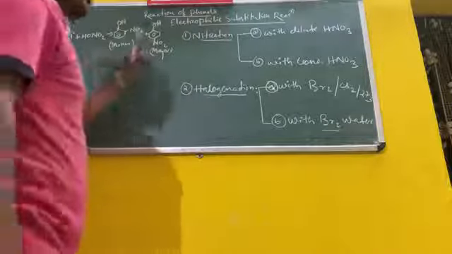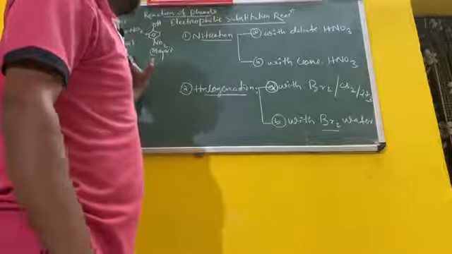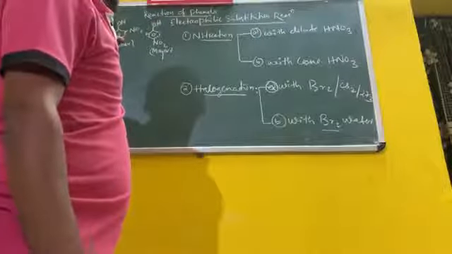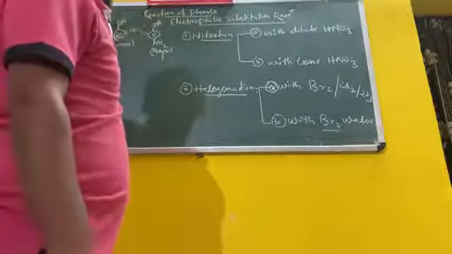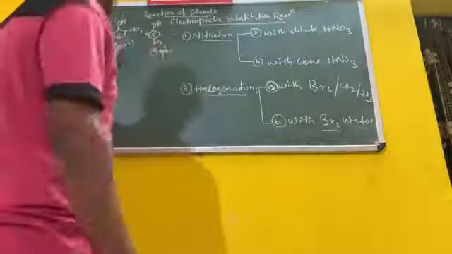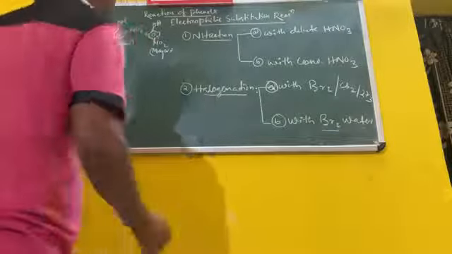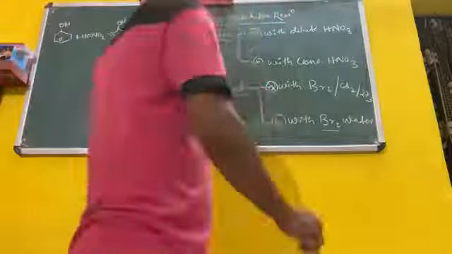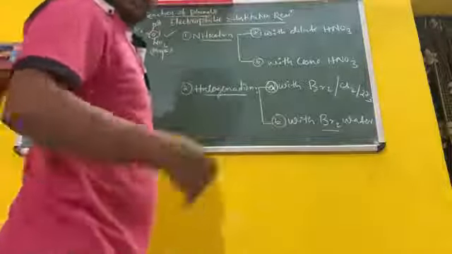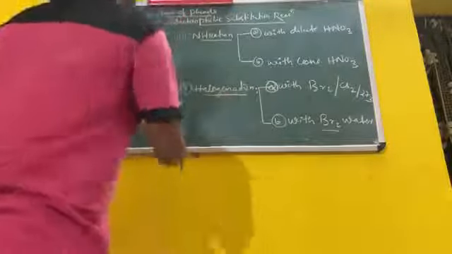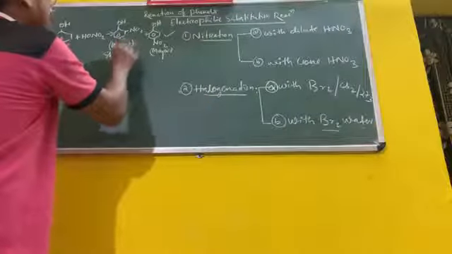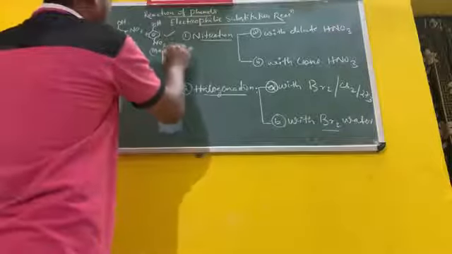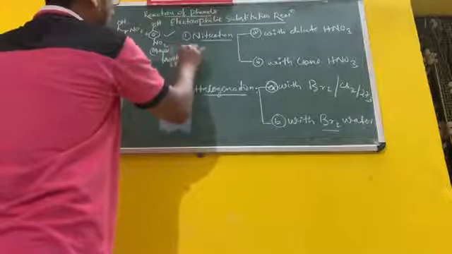This one you have read in class 11, in hydrogen bonding, for ortho and para nitrophenol. Orthonitrophenol has intramolecular hydrogen bonding, but paranitrophenol has intermolecular hydrogen bonding. So orthonitrophenol is steam volatile, more volatile.